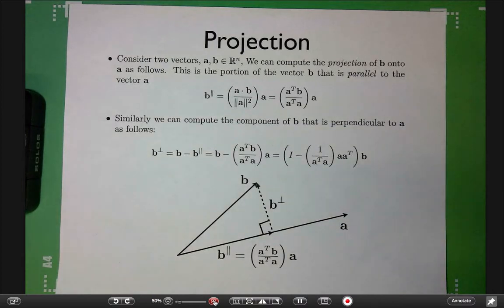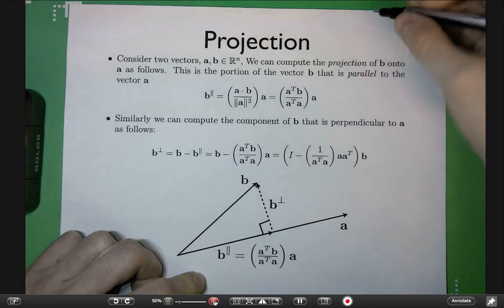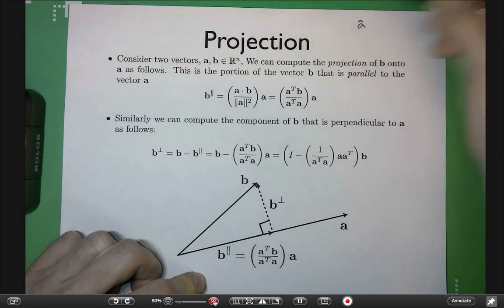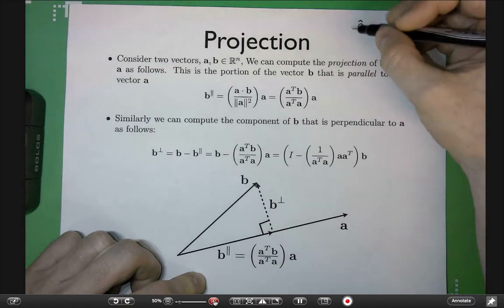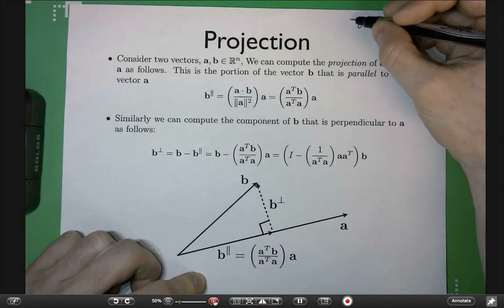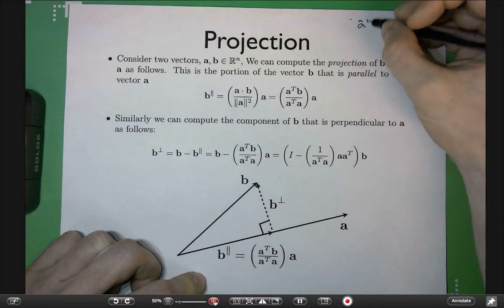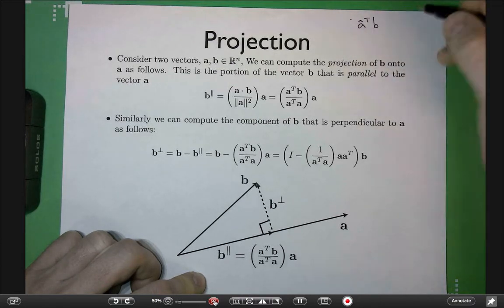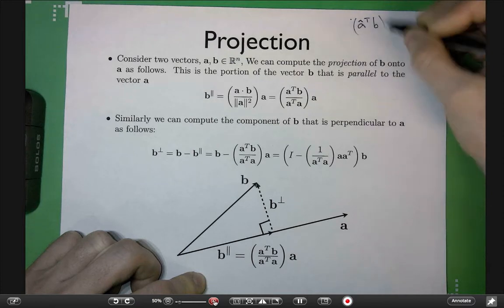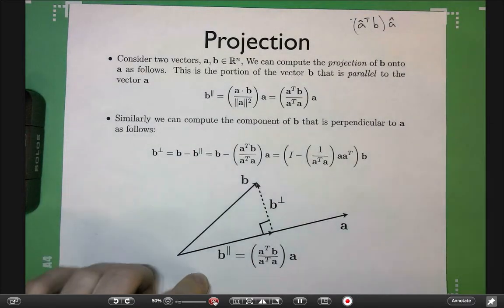Whereas another way you could derive it is from dot products, right? You said that if my vector a was unit, then the projection would be aTb, a unit a, times the unit a, right?